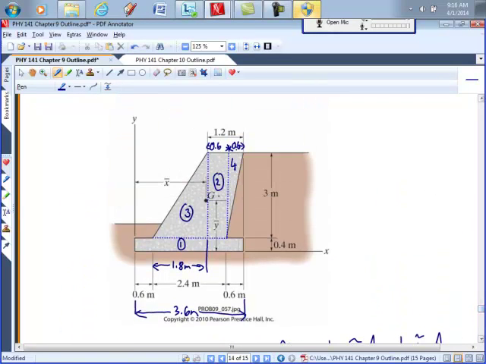Where is the centroid of the triangle? Right, it's 1/3 of the 1.8 from the side here. So it would be 0.6 this way. So that'd be 1.2 plus the 0.6 is going to be 1.8 from the y-axis.